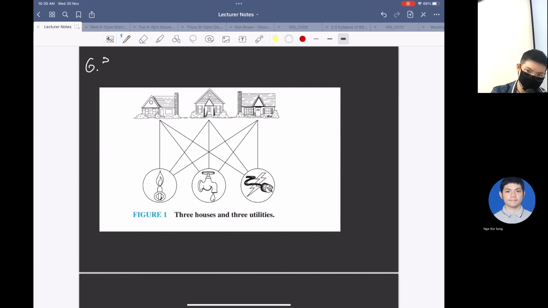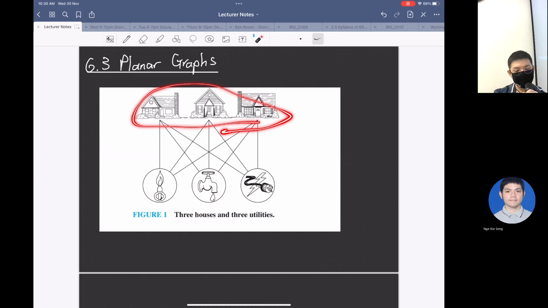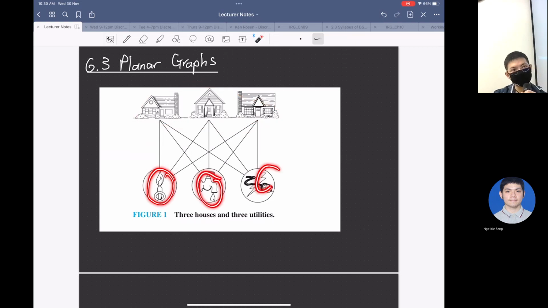Next we talk about planar graph. Maybe you ask what's the application or what's the idea behind planar graph. For example, you got 3 houses, and you got different utilities here.